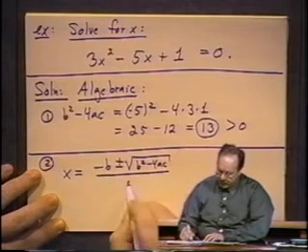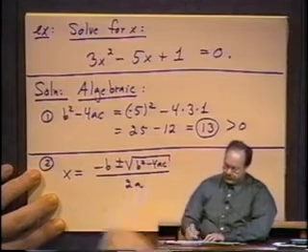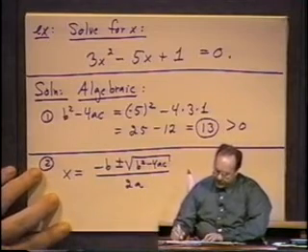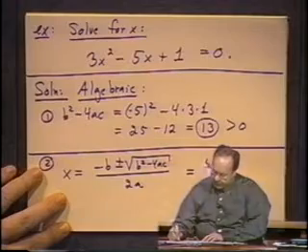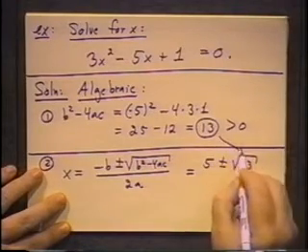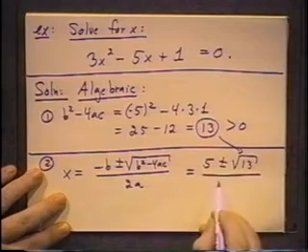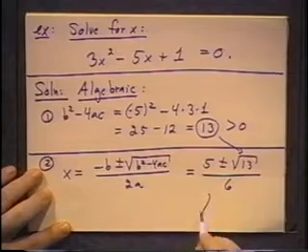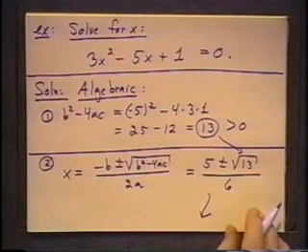4ac all over 2a. Well, we've done the part under the square root, which is the advantage of doing it that way. So this becomes, minus b will be 5, plus or minus the square root of 13. There's that 13 we just figured out. 2 times a is 3, so that's 6. So from here, I can write down the exact solutions.